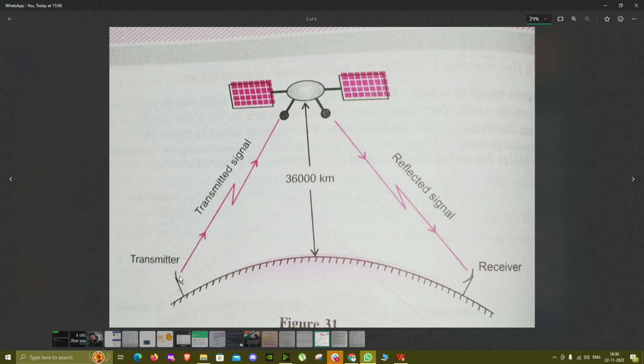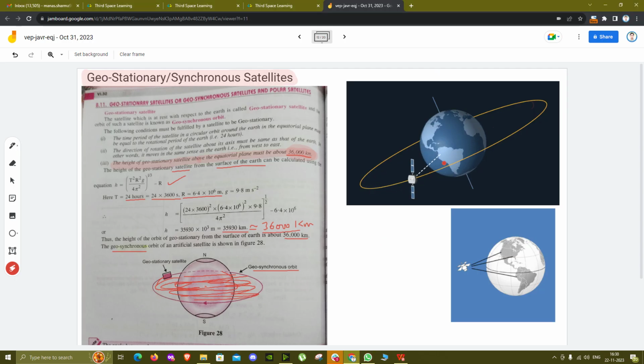Otherwise, if the satellite is not geostationary, its position will change with time during the day, and it will be useless. So it has to look like a stationary satellite, just as I have shown here. It has to be stationary with respect to a point on the earth.